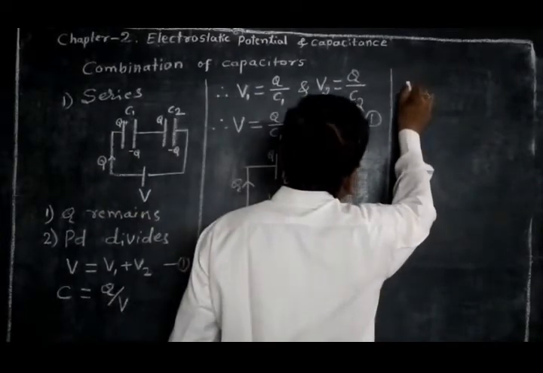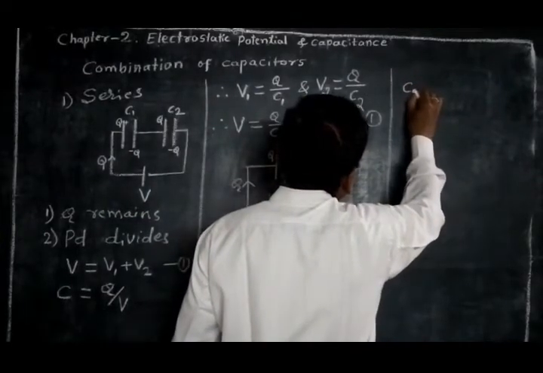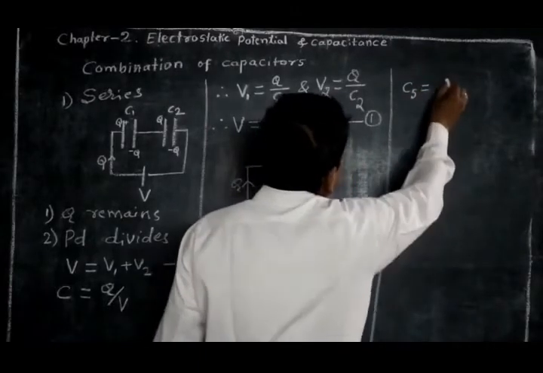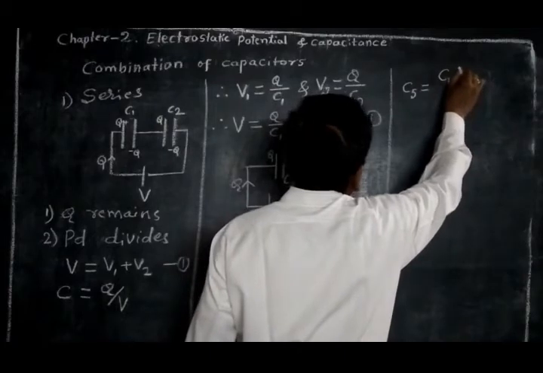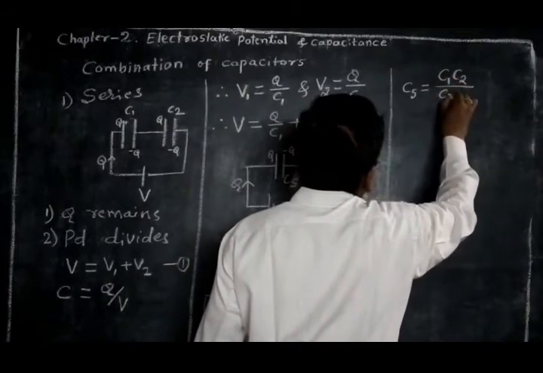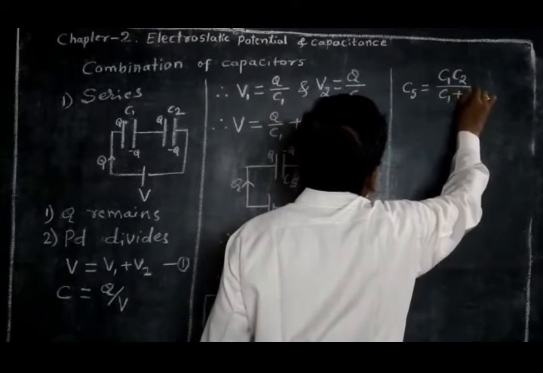And for two capacitors, equivalent capacitance in series combination can also be written as Cs is equal to C1 C2 divided by C1 plus C2.